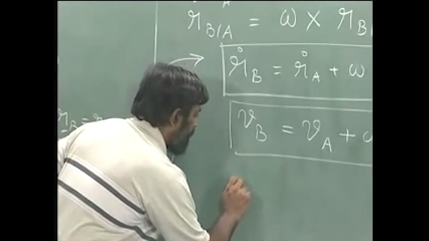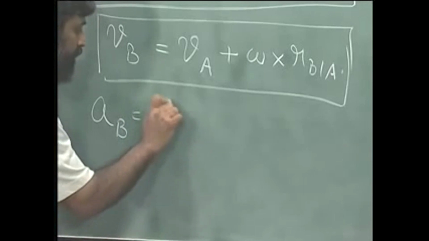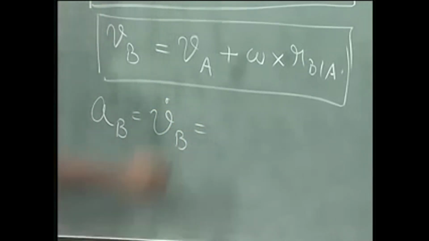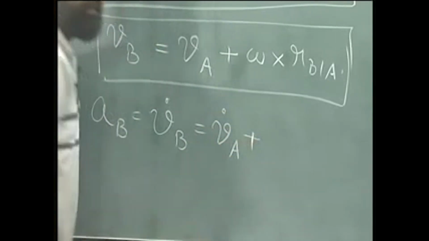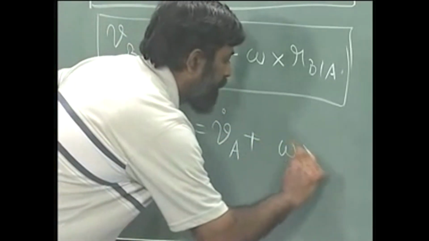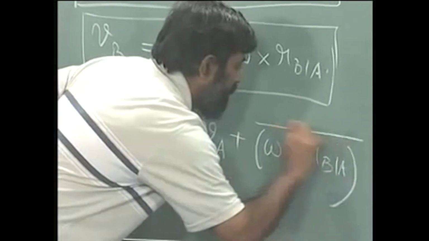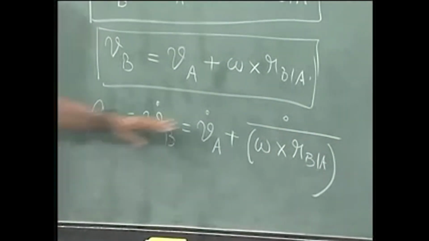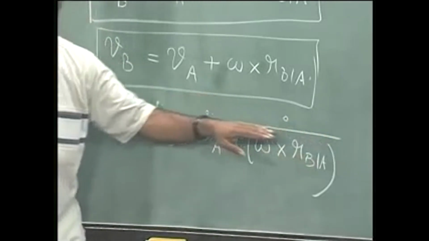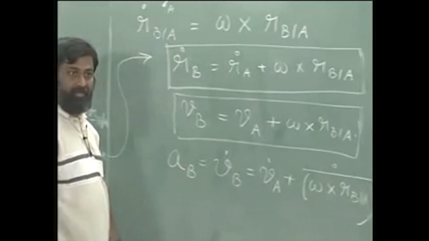If I take the derivative, so let us say the acceleration of B is nothing but V dot B, and that is equal to, based on this, V dot A plus the derivative of the whole thing, omega cross r B with respect to A. I am just putting a sort of line over here on top to represent that I am taking the entire derivative.